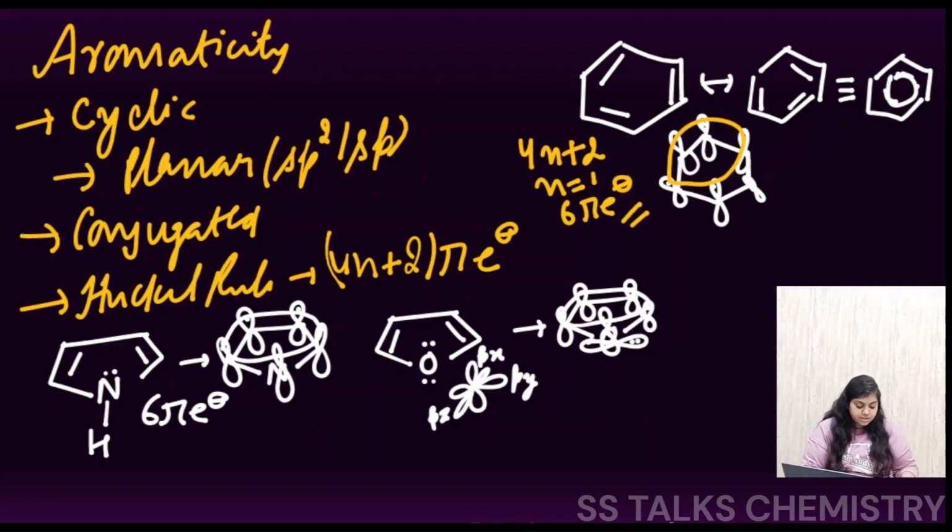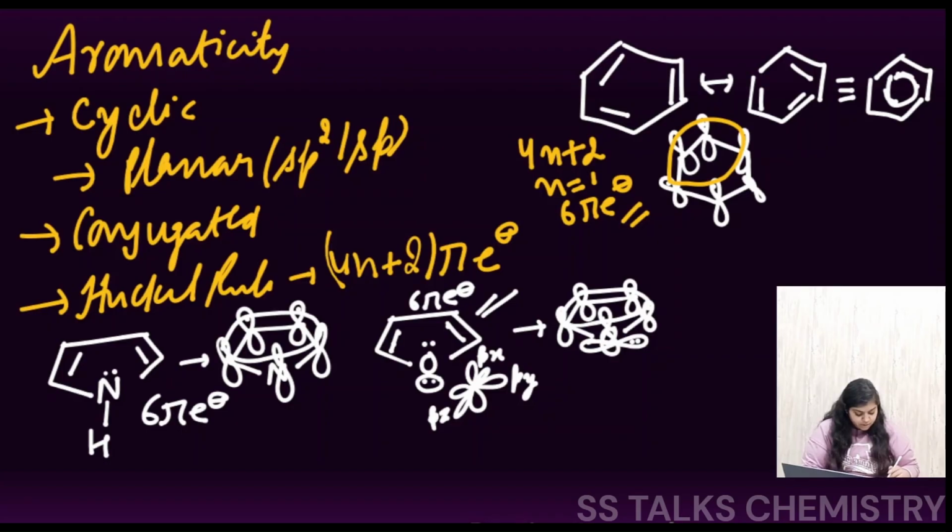So here you can see the conjugation is present, and here we have 6 pi electrons in the conjugation, because one of the lone pairs is present in the py orbital, which is perpendicular to the px orbital, and that is not going into the conjugation. So here in total we have 1, 2, 3, 4, 5, 6 pi electrons in this case also, which means my Huckel's rule is again being satisfied, right?